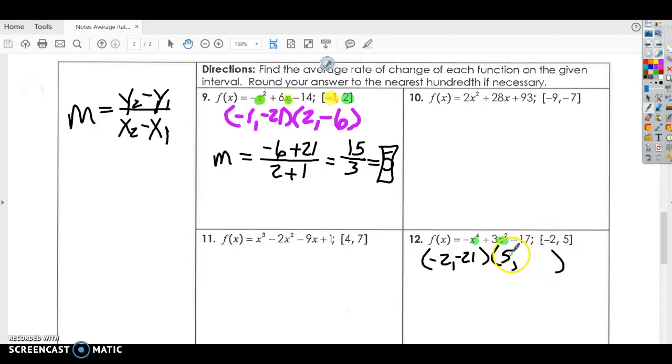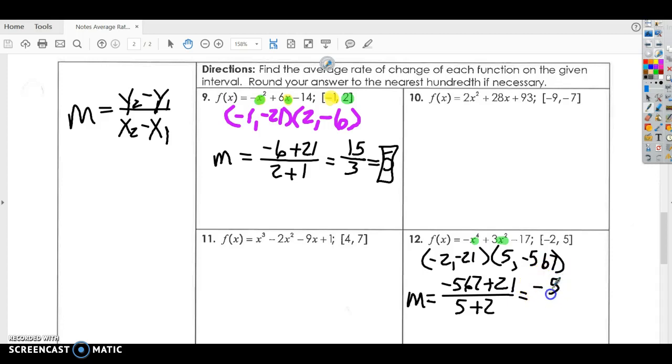And if you plug 5 in, I got -567. Okay? Then I do the exact same thing. -567 minus -21, which is plus 21. And then I do 5 minus -2, or plus 2.